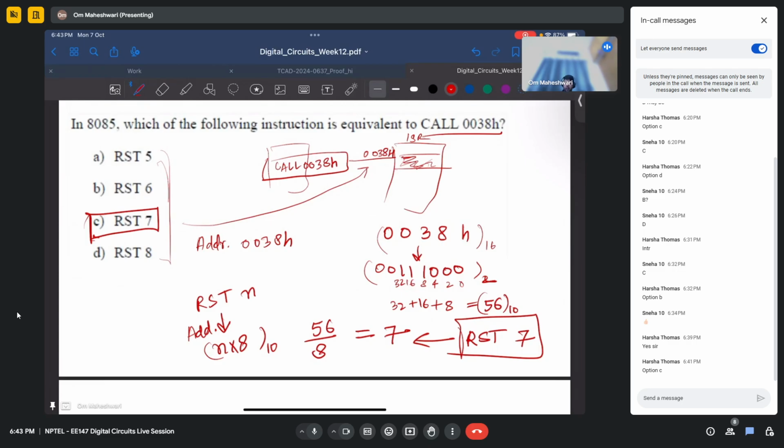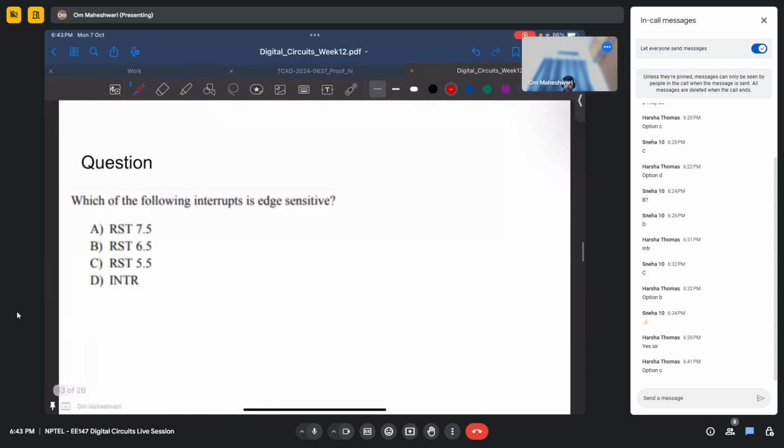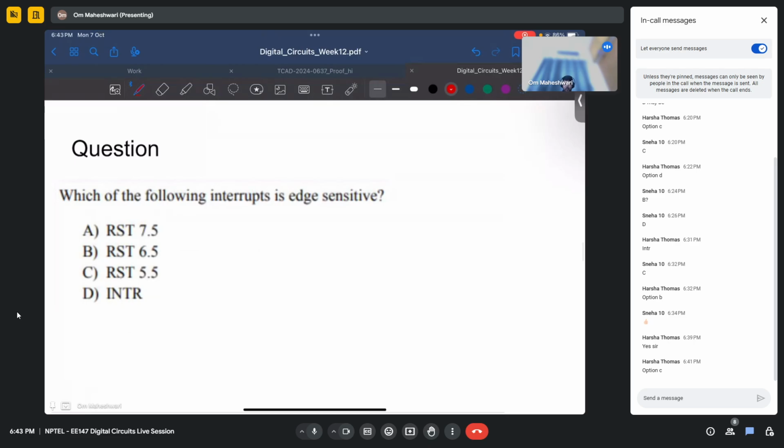Okay, if there are no doubts, let's move on to the next one. Which of the following interrupts is edge sensitive?